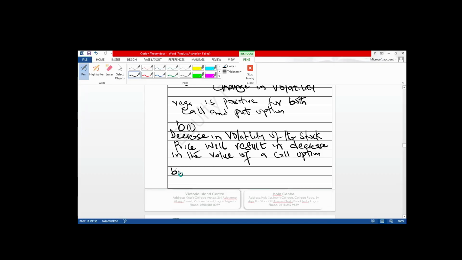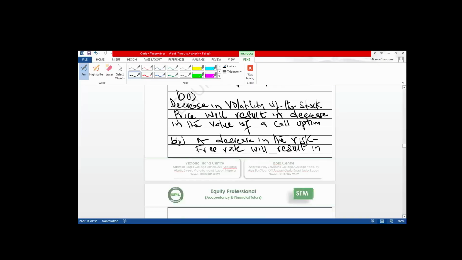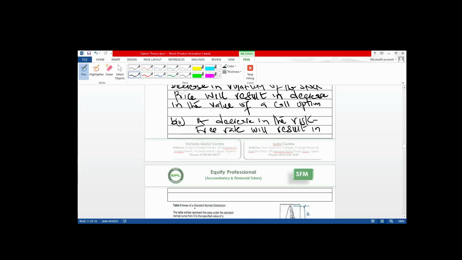B2, a decrease in the risk-free rates will result in a decrease in the value of a call option.